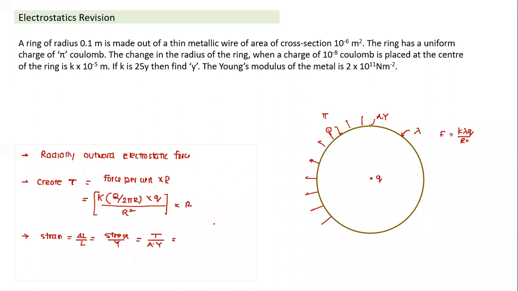Whatever strain we have in the length of the ring, a similar strain in all dimensions will be equal to delta R by R. I get the value of delta R. So these are the sequence of steps.